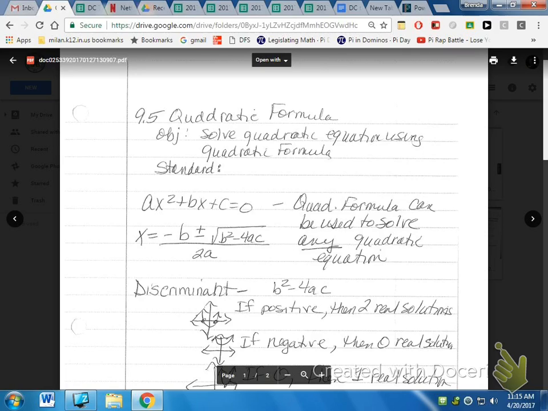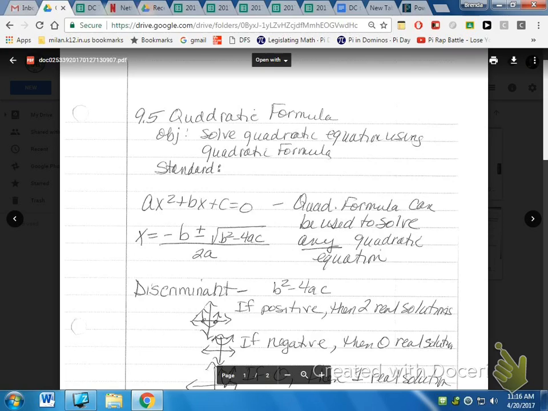Now, this formula will work with every quadratic equation. If you ever are unsure which way to do it, you can always rely on this one. It's going to give you the answer. I highly recommend, when you're just given a quadratic equation and they say solve it, trying to factor it first, because that's probably the quickest way.